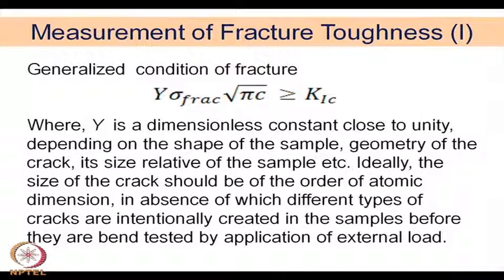We have known that the general condition of fracture is sigma fracture times Y root over pi c must be equal to K I c. That is the parameter, the fracture toughness. So, if this value becomes more than the actual fracture toughness of the material, then the fracture will take place.